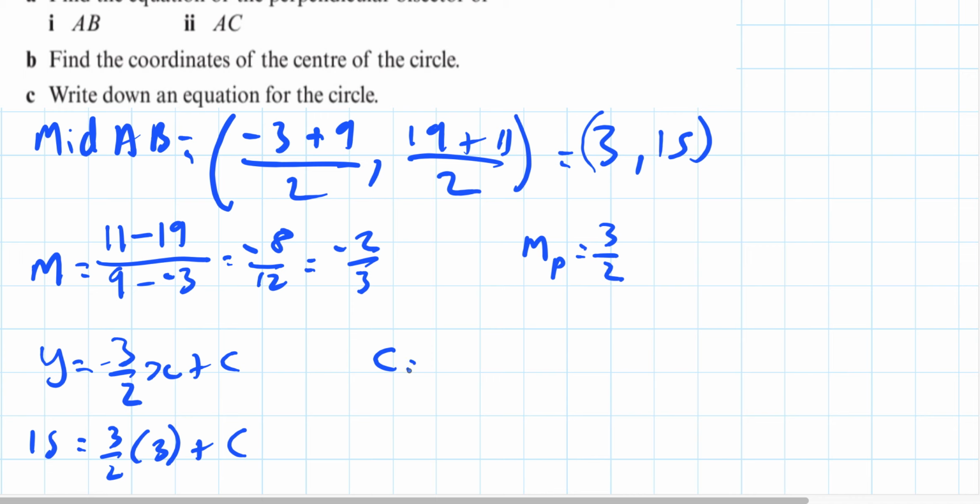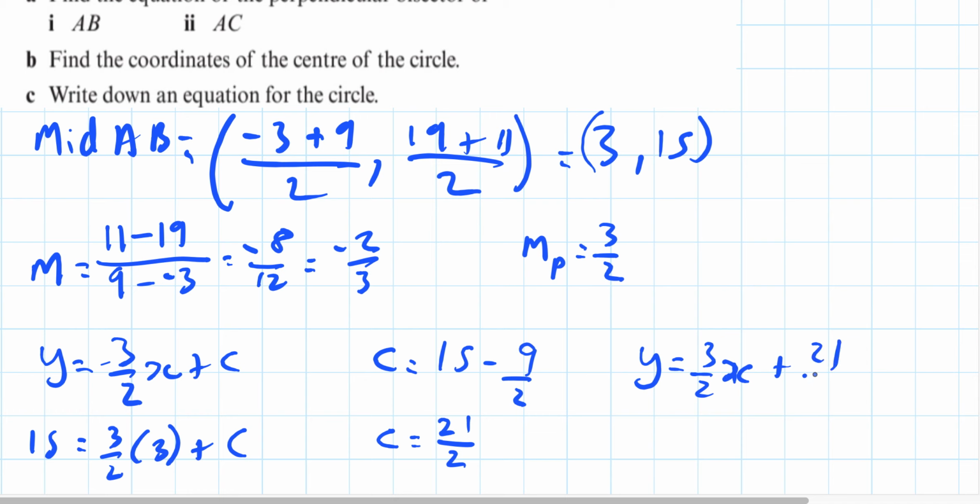So c equals 15 minus 9 over 2, c equals 30 over 2 minus 9 over 2, which is 21 over 2. Therefore, my equation is y equals 3 over 2x plus 21 over 2. Okay, cool.